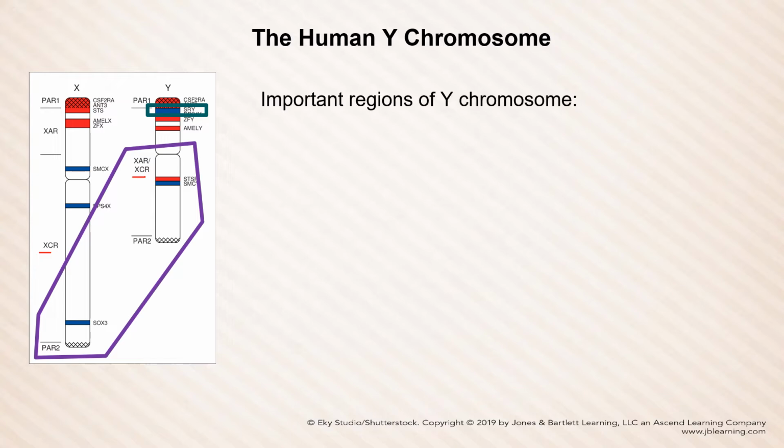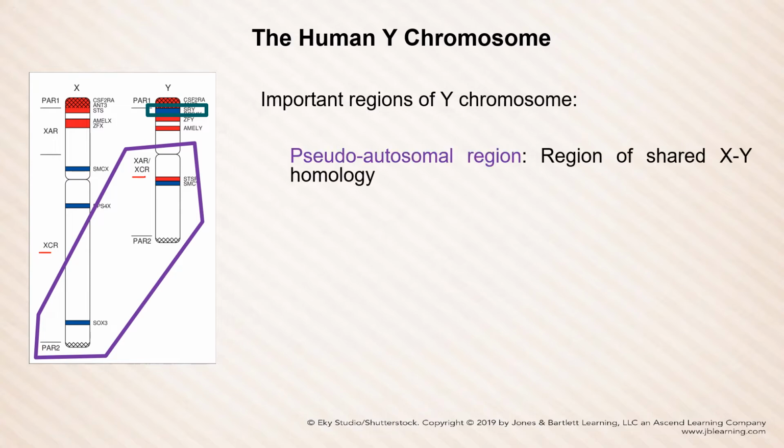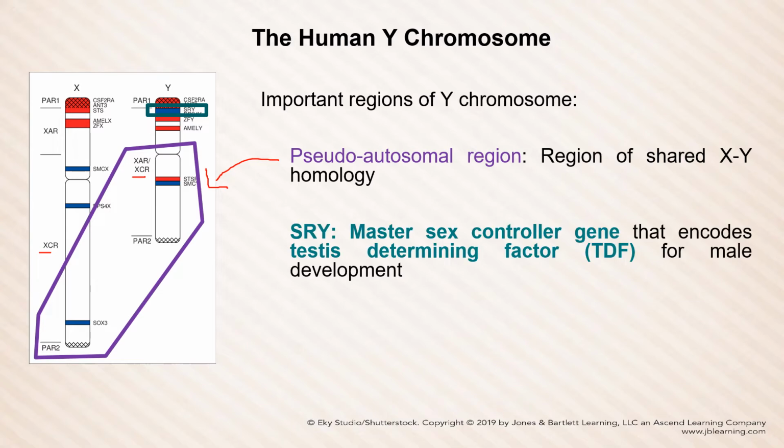So remember, if I ask you for the important regions of the Y chromosome, there is this purple region that we just talked about. There's the pseudo-autosomal region, a region shared by the X and Y that still displays homology.